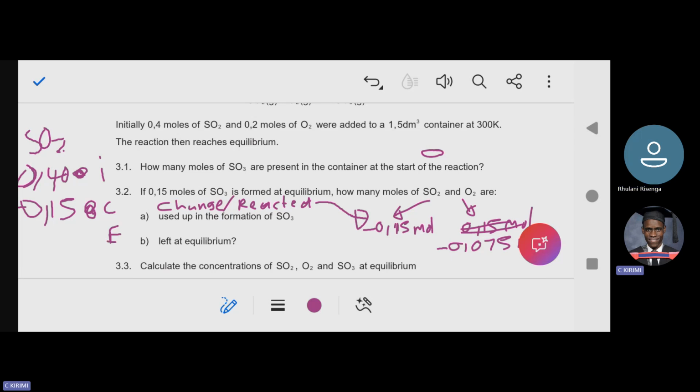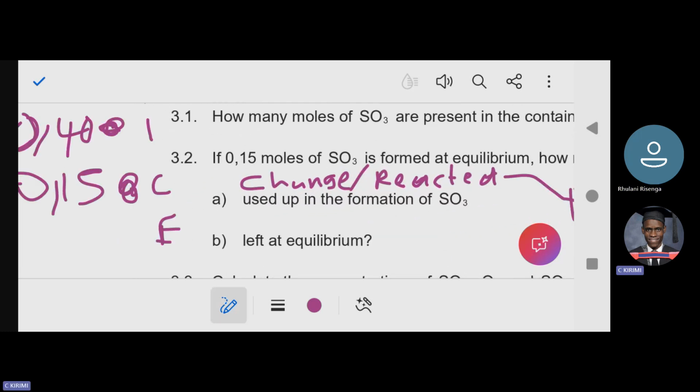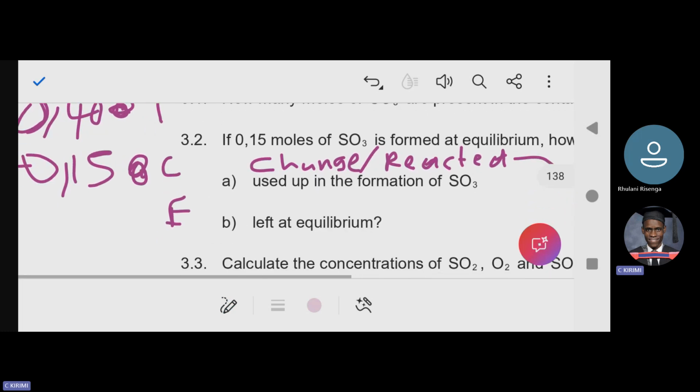That is the one which we want to find for sulfur dioxide. 0.4 minus 0.15, what do you get? 0.25. Yes. So the number of moles at equilibrium for sulfur dioxide is 0.25. So do the same for oxygen.